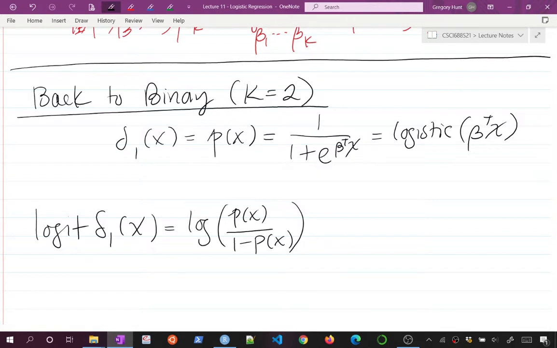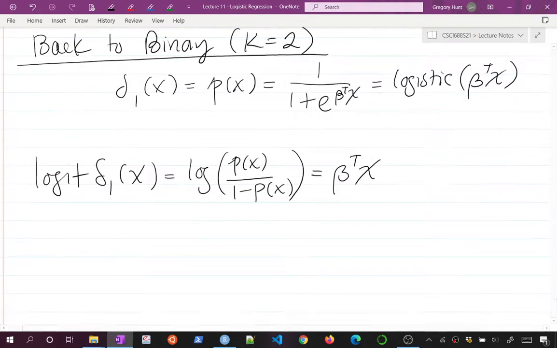And if you believe me that this is the inverse, then logit of logistic should just give me back beta transpose x, right? You can actually sit through and do that problem. How hard is that to do? Shouldn't be very hard. You want to do it? Let's just look at it.